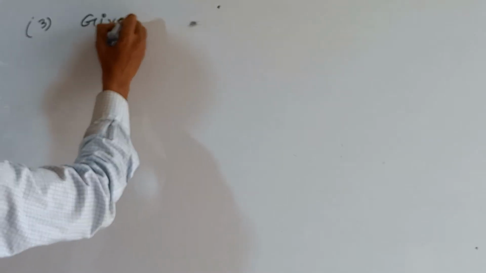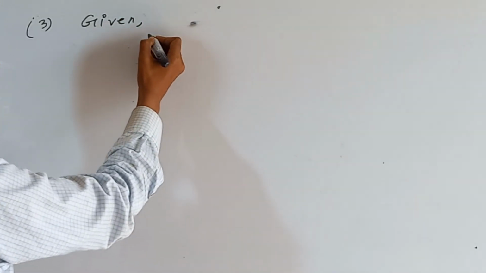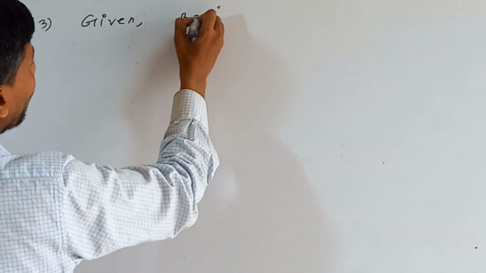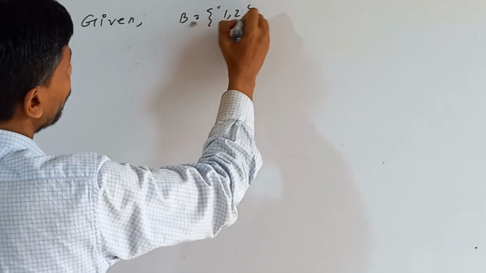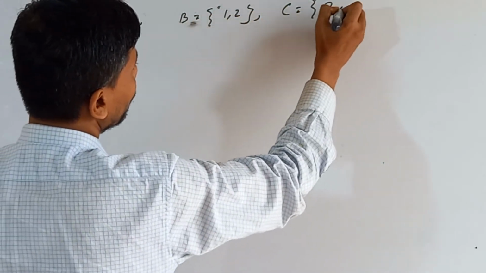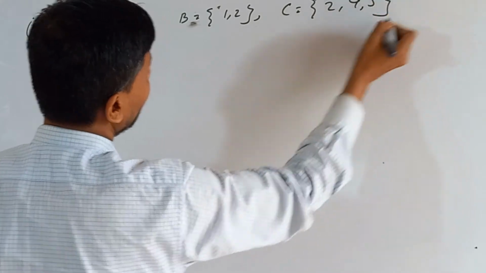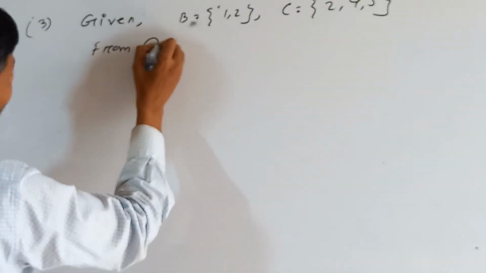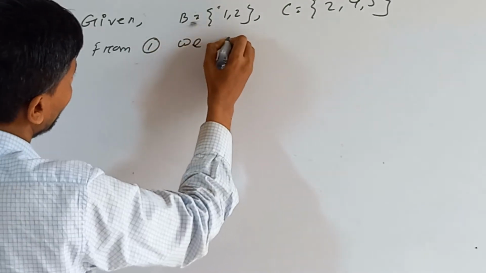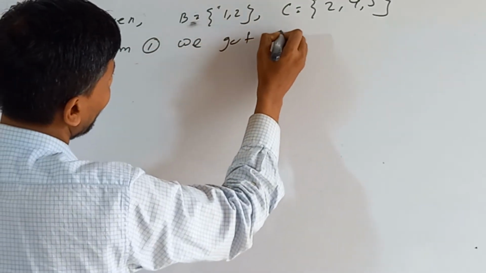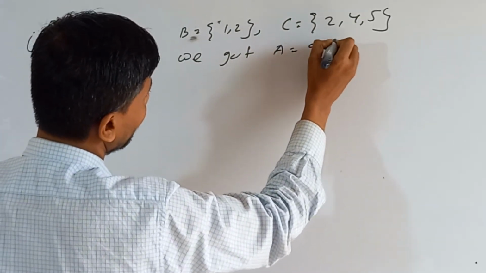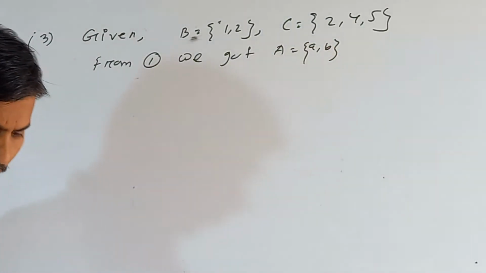Given that B equals {1, 2}, C equals {2, 4, 5}, and from 1 we got A equals {a, b}.